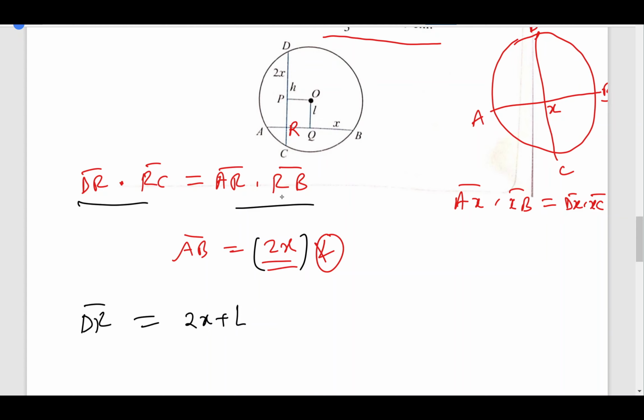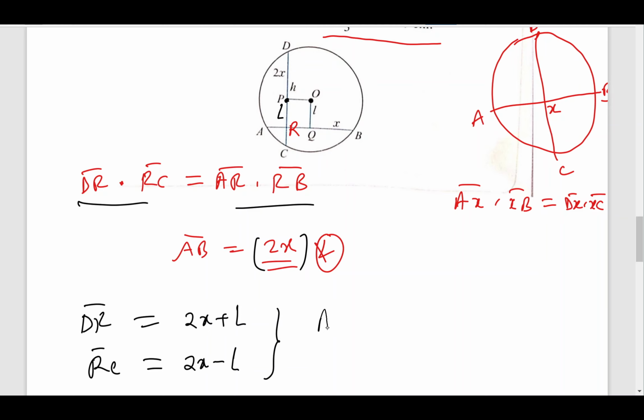And RC, mind you, P is the midpoint of DC, so it means PC is going to be 2x, also it will be 2x. And because this is L, now RC will be 2x minus L.